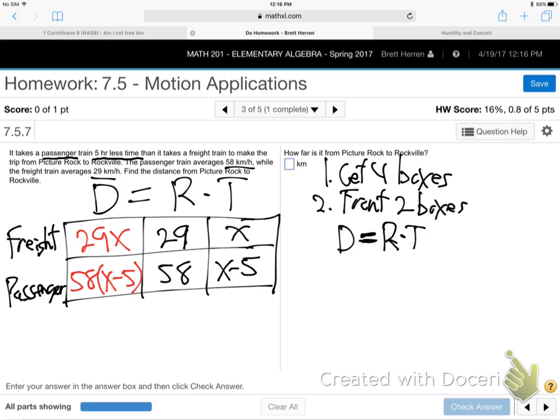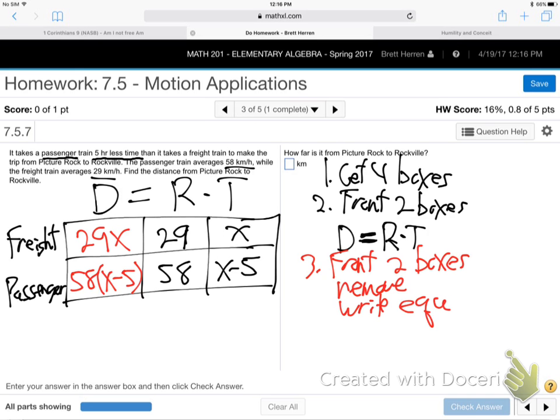Distance equals rate times time. Good. And then step 3, front 2 boxes, remove, write equation.